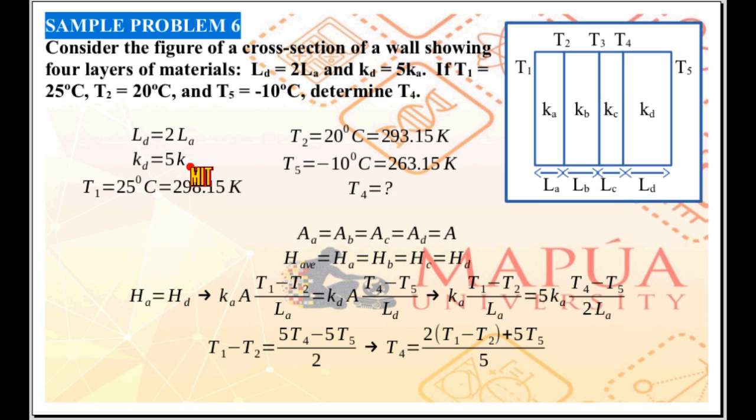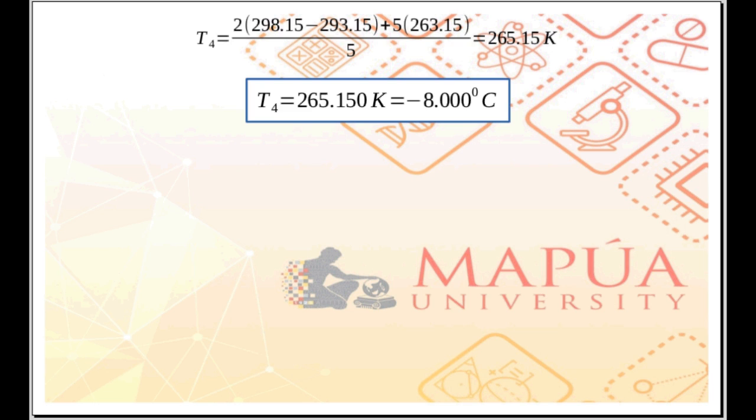Looking at the known values for the temperature, we know T1, we know T2, we know T5. The only unknown is T4, so isolating T4 and plugging in the values, we are able to calculate T4 to be 265.150 Kelvin or negative 8.000 degrees Celsius.